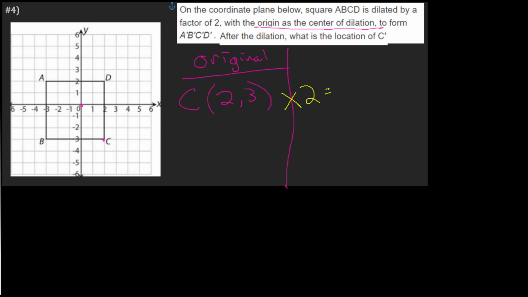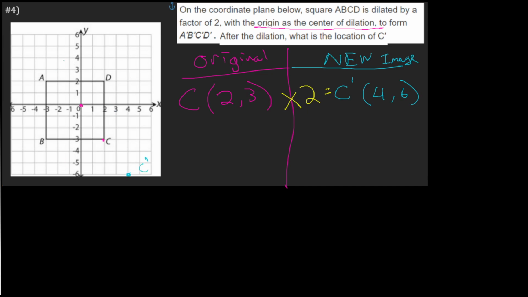Let's do blue. Let's say our new point, our image, is C prime. So multiply each of those coordinates by 2, so we're going to say 4, 6 should be our new point. I can label that C prime.